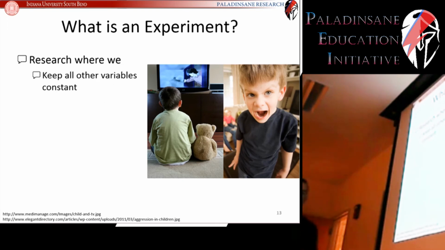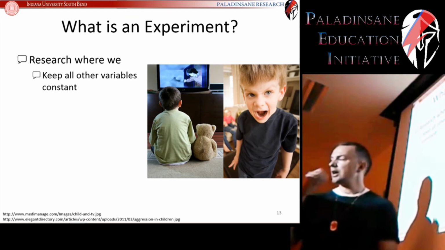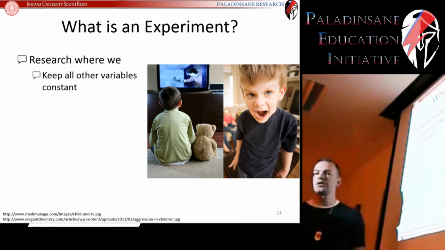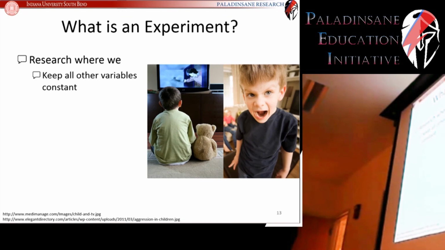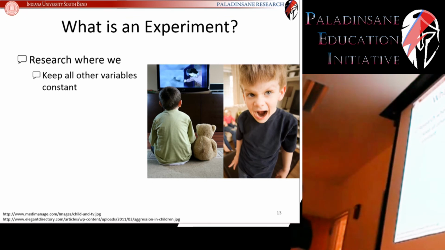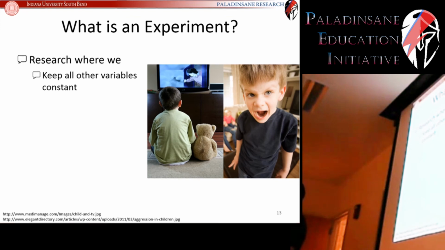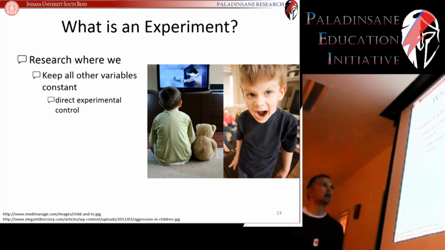So importantly here, you want to keep all your other variables constant. One of the key features of experiments is that only the independent variable changes, or only the independent variable is different between groups. You can have multiple independent variables, but those are what are different between the groups, and you want to keep all other variables constant.